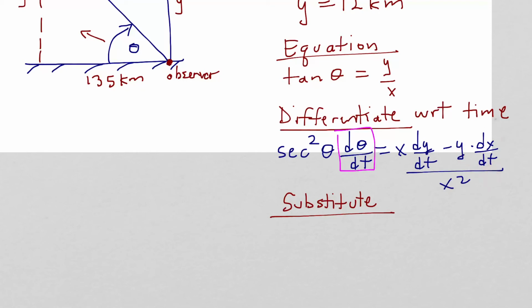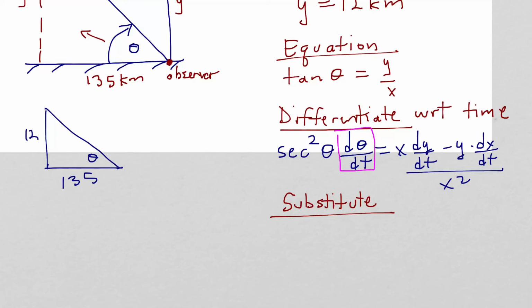Okay, so we're going to have to calculate some of this using our right triangle trigonometry. If we have this triangle right here, here's theta. At the instant in time that we're interested in, we're told that this side is 135. We know that this side is always 12. The altitude the plane is flying is not going to change.